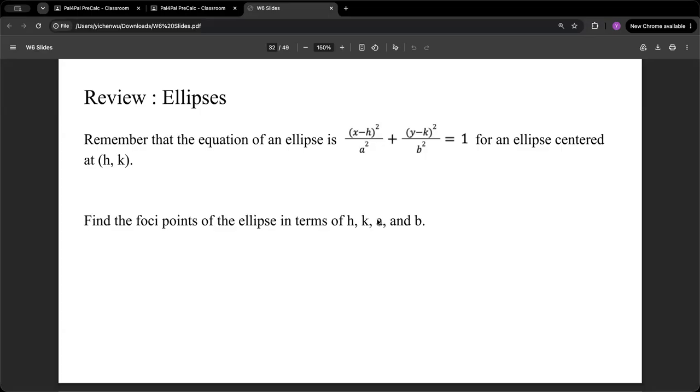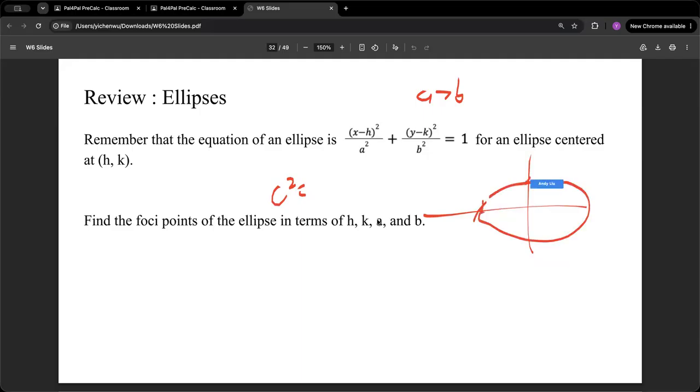Okay, I forgot to mention that for now we're going to assume that A is greater than B, right? Then we know that C squared is, so if we draw the one that's centered at the origin, this is 0 comma B and this is A comma 0, then we know the two foci are plus or minus C, where C is equal to the square root of A squared minus B squared, right?